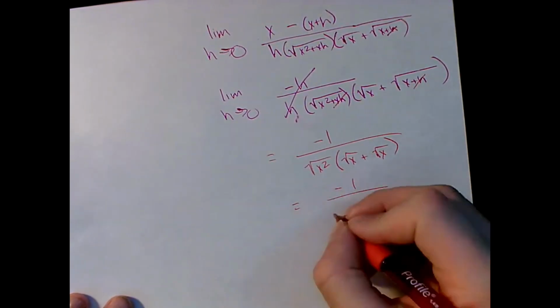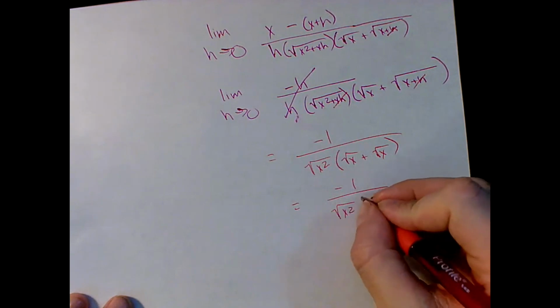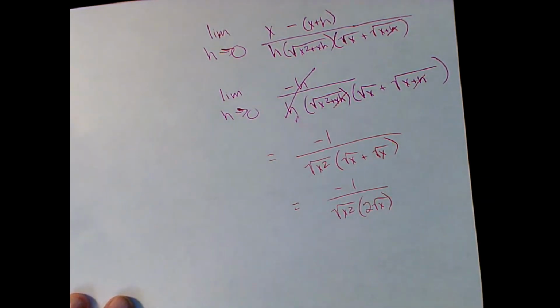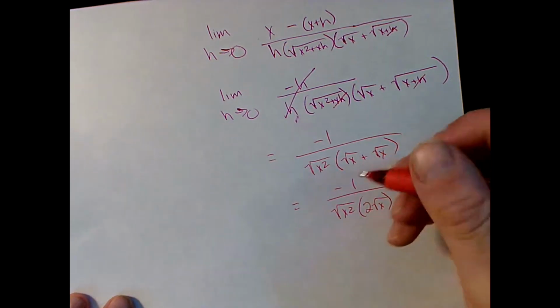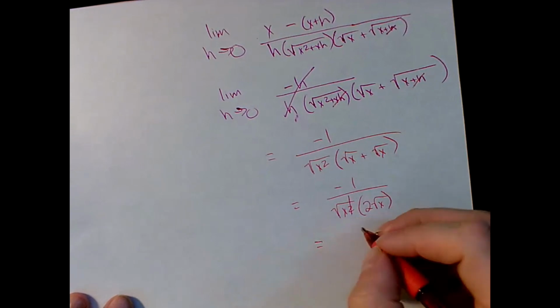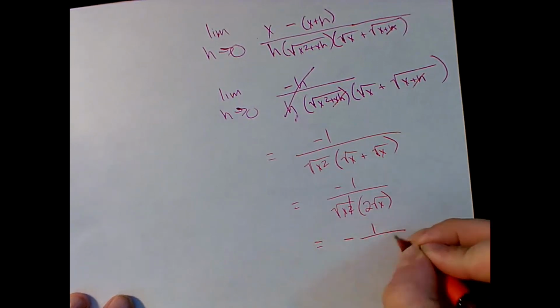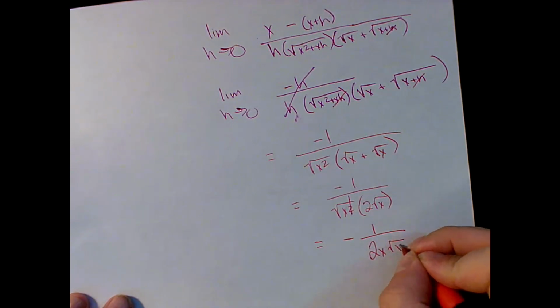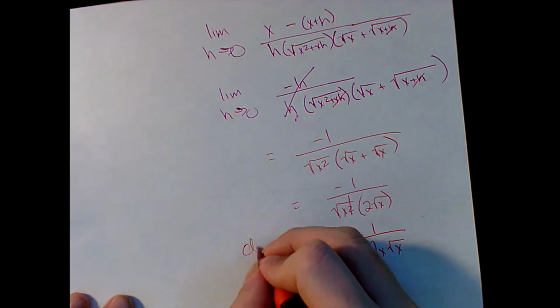Negative 1 over root x squared times 2 root x. Oh, that just becomes x. Negative 1 over 2x root x. And that is dy dx.